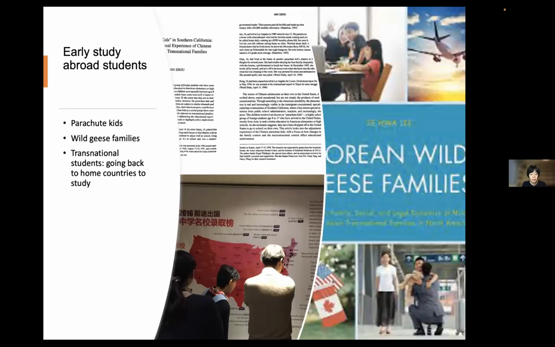So migrant families, after they settle in the destination countries, for all different reasons, and very largely for language acquisition reasons, send their children back to the home country to study.